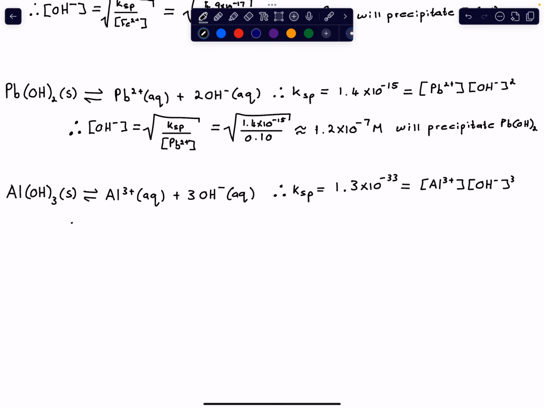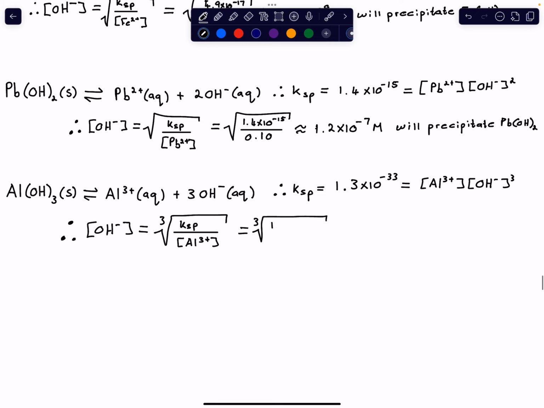Cool. So let's look at the last option. And what concentration of hydroxide will precipitate aluminium hydroxide? And we see here we need to take the cubed root of this situation, KSP divided by the concentration of aluminium 3+. Right, we solve that for the hydroxide. Interesting.